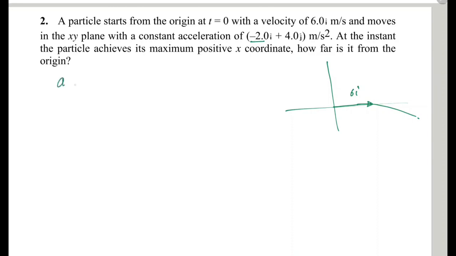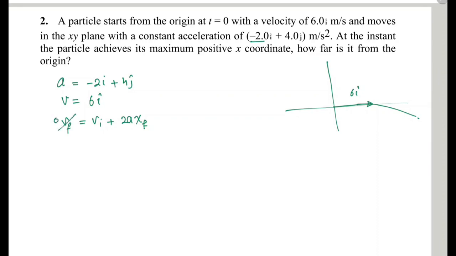So a equals minus 2i plus 4j hat, and v initial equals 6i hat. v final squared equals v initial squared plus 2a delta x. In this case it's x final because the initial position is at origin.